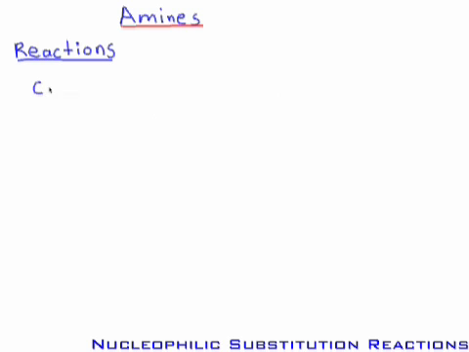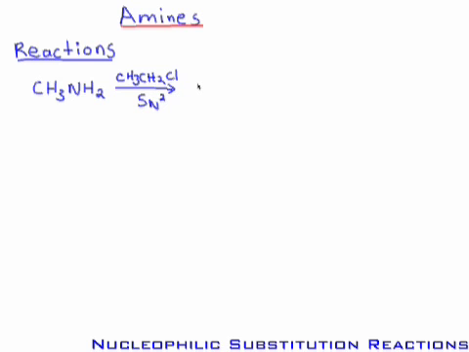For example, I can take a molecule like methylamine, CH3NH2, and ethyl chloride. The CH3NH2 molecule is a powerful nucleophile, and being a primary alkyl halide, we can get an SN2 attack.